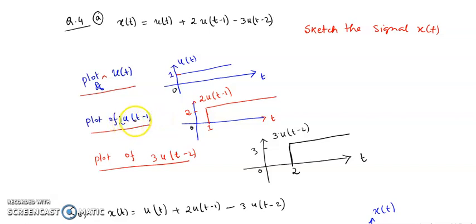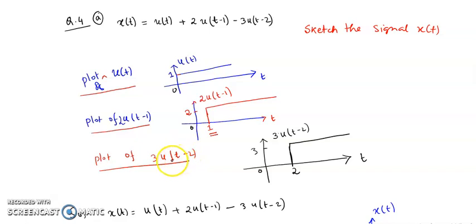So 2 into u(t-1) magnitude will be 2 into 1. So since its magnitude is generally 1, after multiplying with 2 we are getting magnitude 2. So it is defined from t is equal to 1.